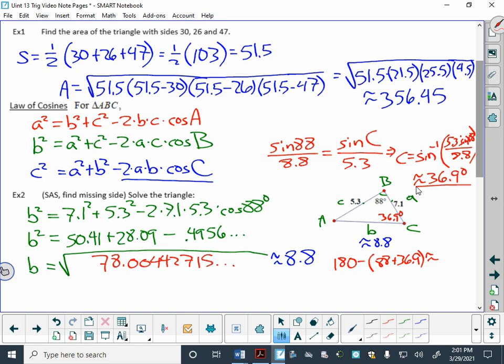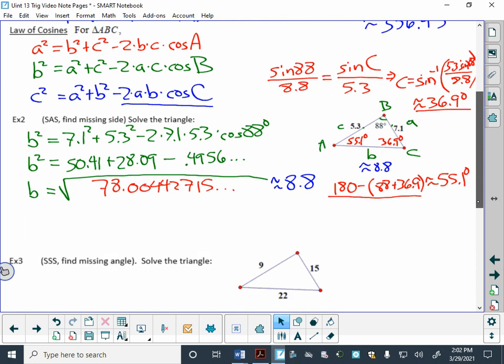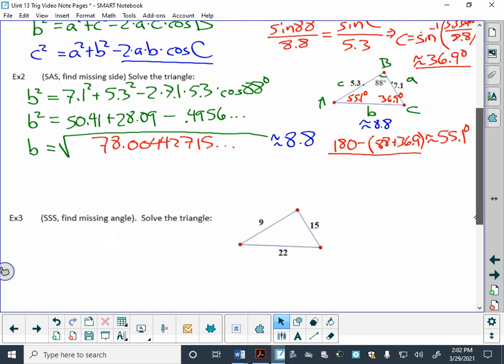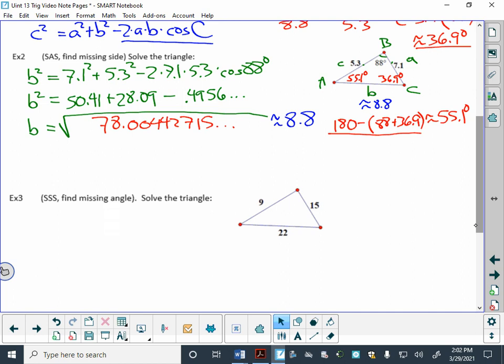And then I'm just going to use the fact that the three angles of a triangle add up to 180 degrees to figure out what's left over, which ends up being 55.1 degrees for this angle. So I now know all the angles, all the sides, and I have solved that triangle. All right, so that's if you're given side, angle, side, how we would do that.